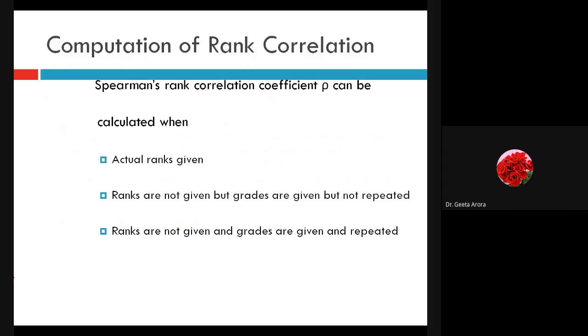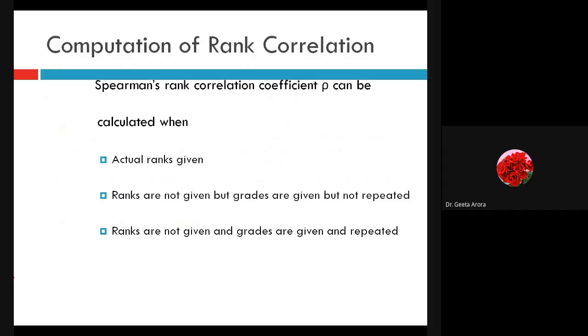The second case could be that ranks are not given but grades are given, meaning we have not ranked them. Whenever candidates come, judges just give them marks based upon their performances, and then, for the final decision, we rank them based upon those marks. And the third scenario is that ranks are not given, grades are given, we have to rank them, but while ranking we find there is a tie.